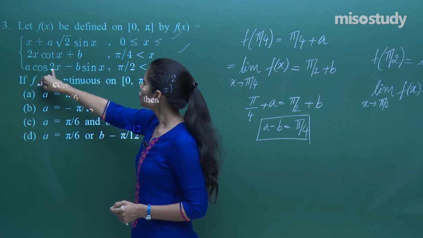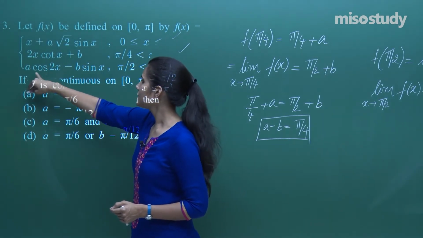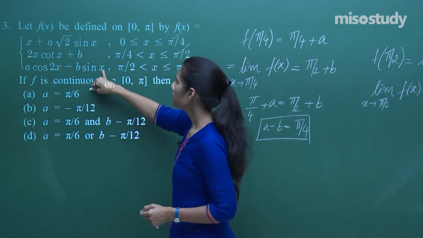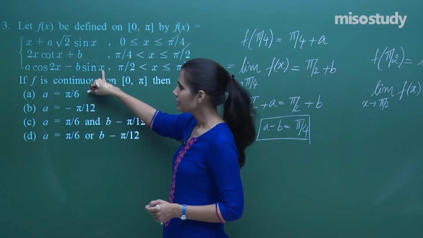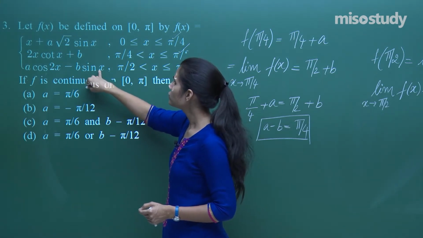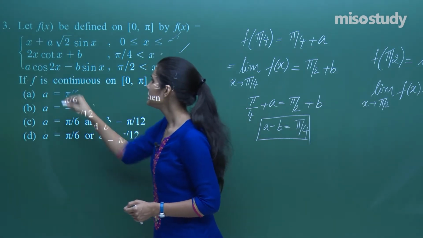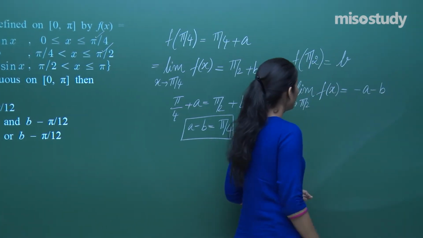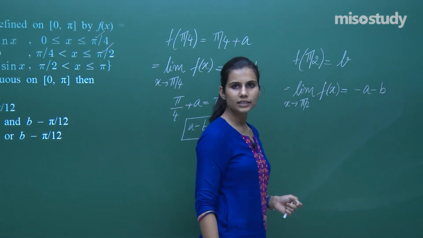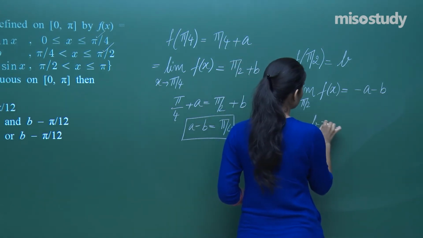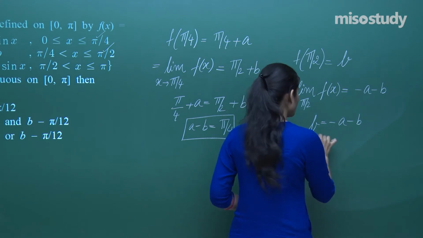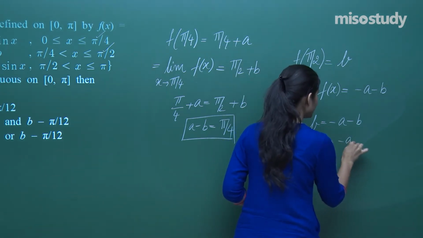So it is a cos 2 pi by 2, so it is a cos pi is minus 1, so this is minus a, and sin pi by 2 is 1, so this is minus b, so minus a minus b. Again, both of these are equal because the function is continuous at pi by 2, so you are getting b equals minus a minus b, or 2b is minus a.